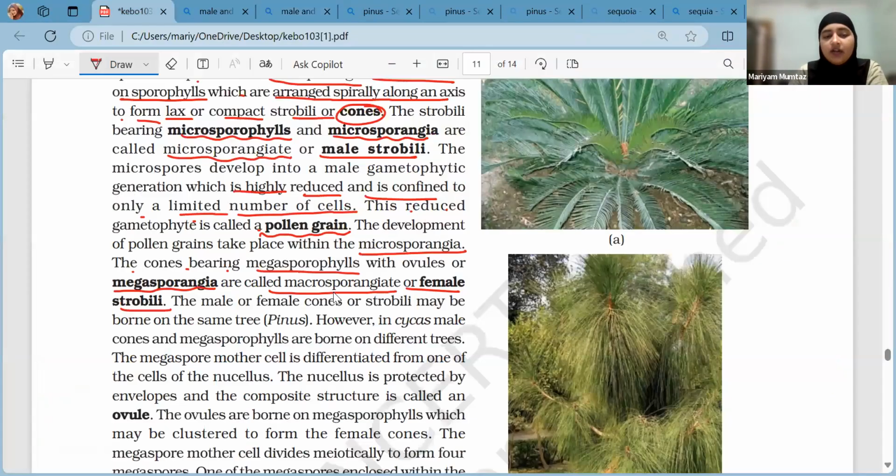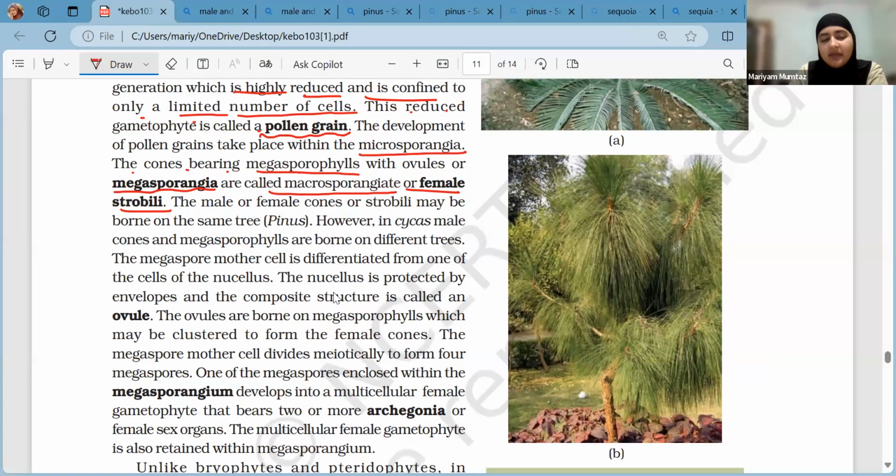The male or female cones or strobili may be borne on the same tree in the case of Pinus. However, in Cycas, male cones and megasporophylls are borne on different trees. Now, the megaspore mother cell is differentiated from one of the cells of the nucellus. The nucellus is protected by envelopes, and the composite structure is called the ovule.